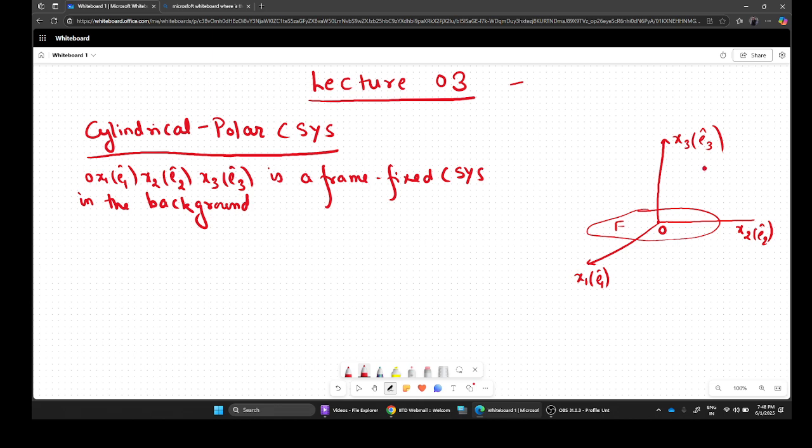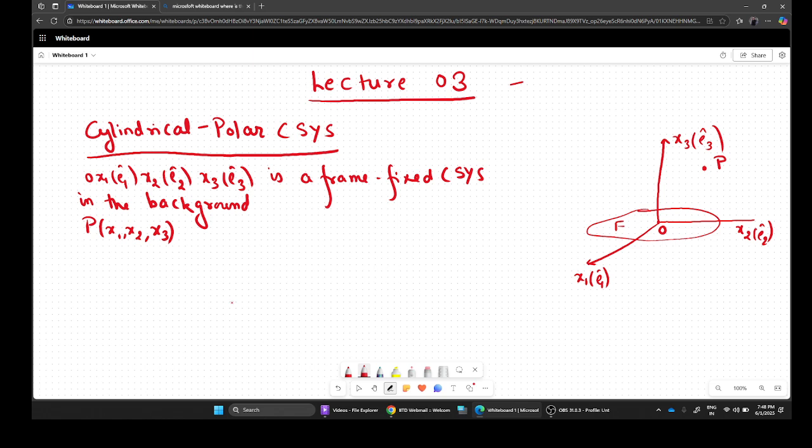Let P be the same particle which we referred to in our last class when I was talking about a frame fixed coordinate system. In this Cartesian coordinate system, this point P had its scalar coordinates as x1, x2 and x3.